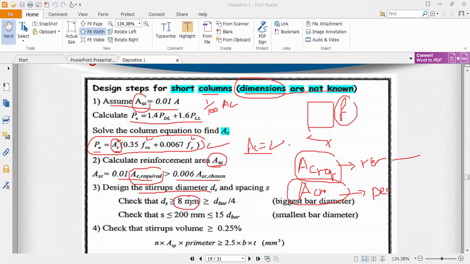In most cases in our field, we can take the diameter of stirrups equal to 8 millimeters. What is the meaning of S? S is the distance between stirrups. The spacing between the stirrups doesn't increase beyond 200 millimeters. Okay.